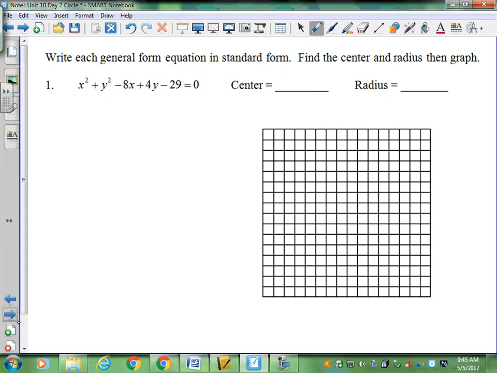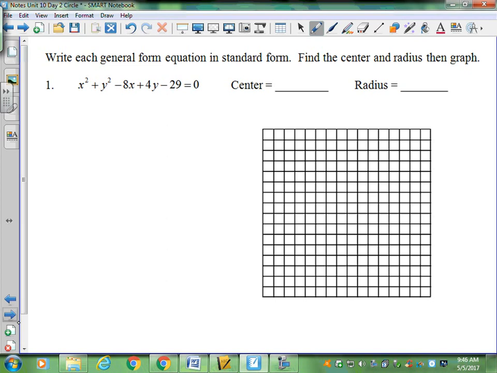Alright, turn to this page. Circle is the easiest one of all of them because all you have to do is fill in and pull out the same way as far as the information. But this is different because this is general form.